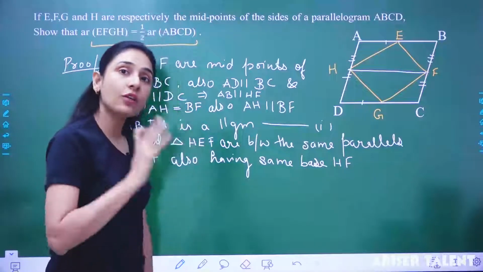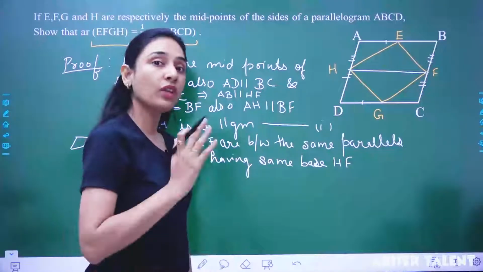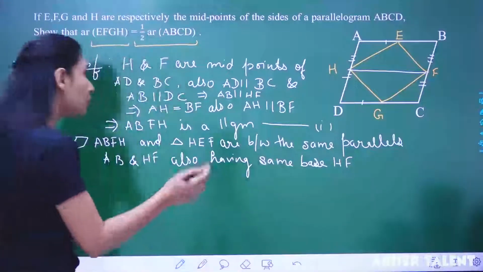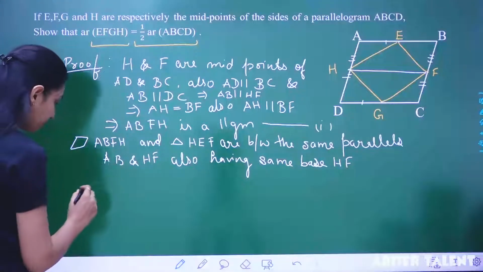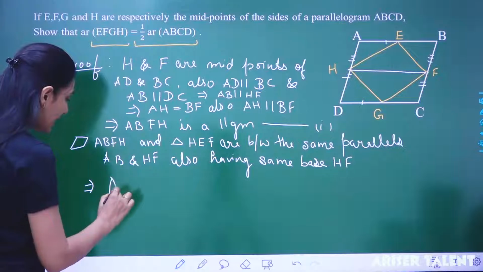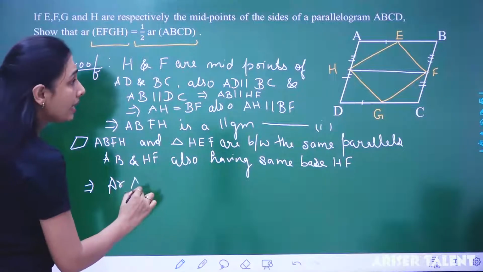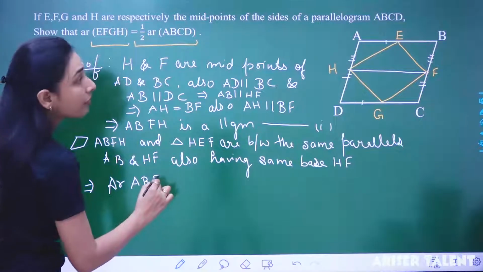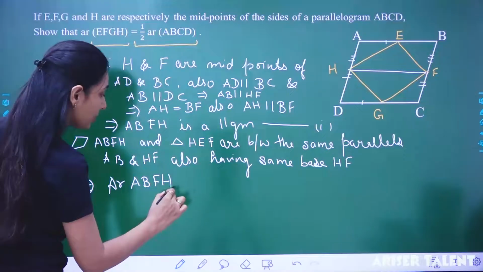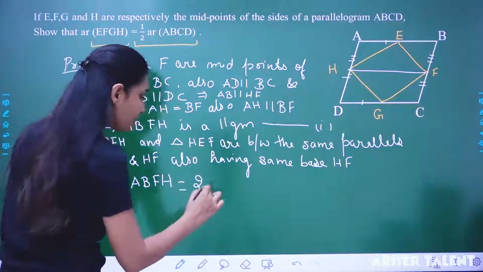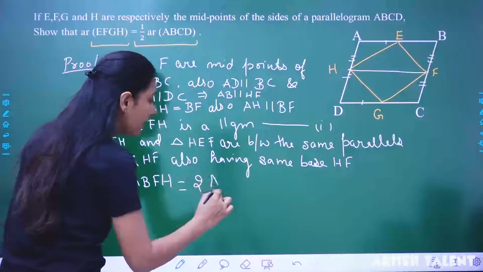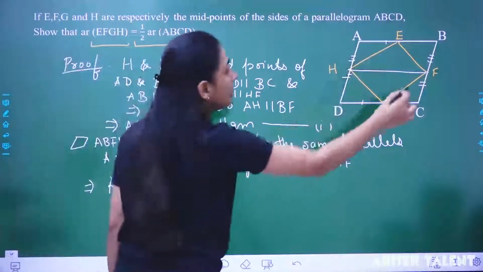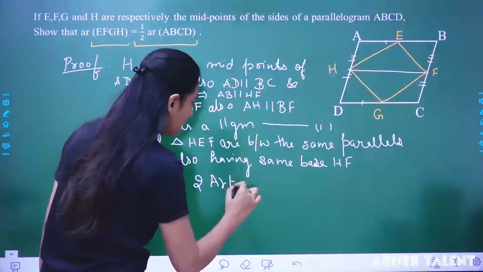The area of the triangle is half the area of the parallelogram. We'll use that here. This implies that area ABFH is equal to twice the area of triangle HEF.